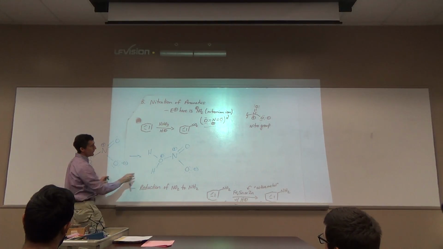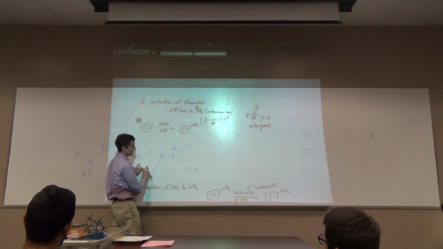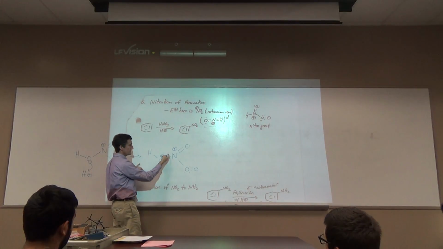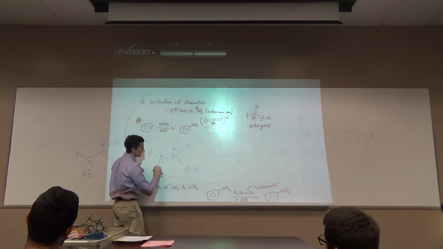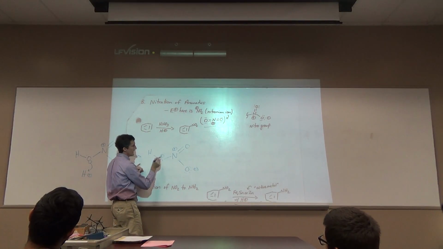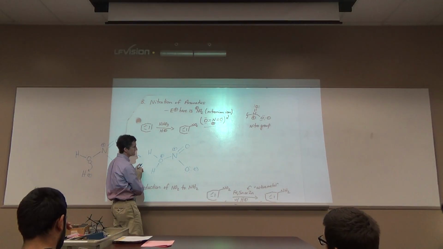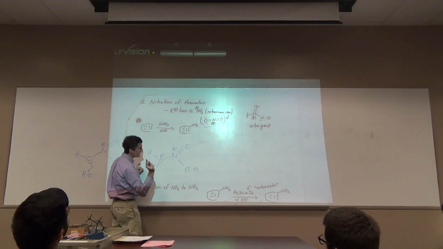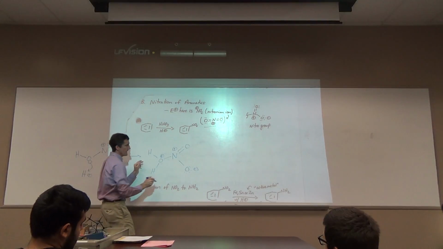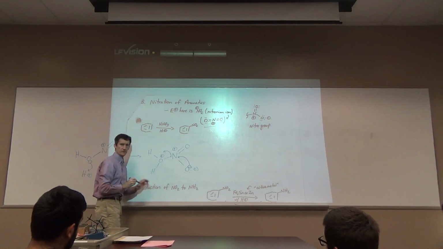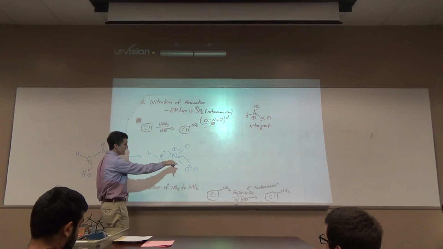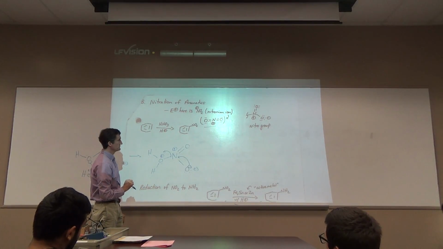Once you protonate it, what do we need to do? Just make the water leave. This needs to leave. Now you can do it two different ways. I typically would do it all at once, but I'm going to do it like this because this will reinforce something. Anytime you can make a pi bond and kick off a leaving group, that's easy to do. What does that give? NO2 plus.